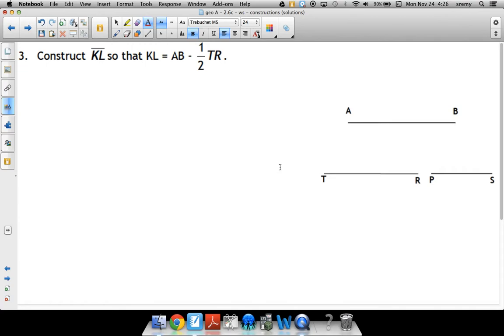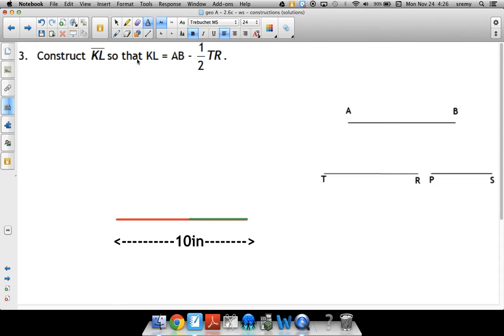Next, you want to construct a segment that is AB minus half of TR. So think about how you might be able to do that, or think about times when you've subtracted segment lengths. You've probably subtracted them in situations where you had, let's say, the entire red segment was, I don't know, let's say it was 10 inches.